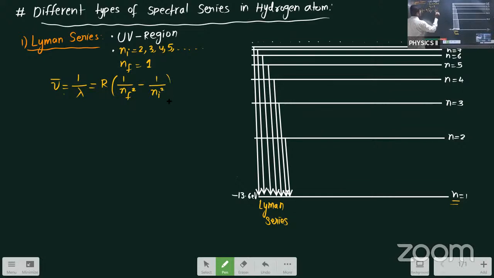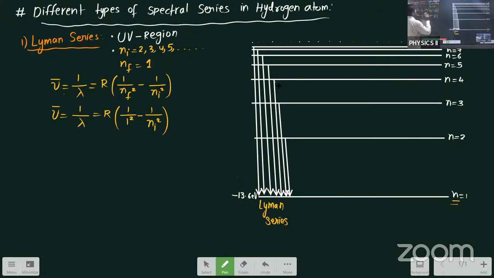So our formula becomes mu bar equals 1 by lambda equals R of 1 by 1 square minus 1 by ni square. Now this initial level can be the second level, the third level, the fourth level, or an infinite level.